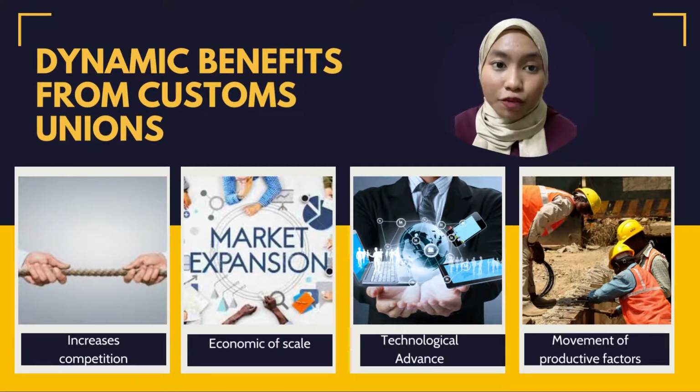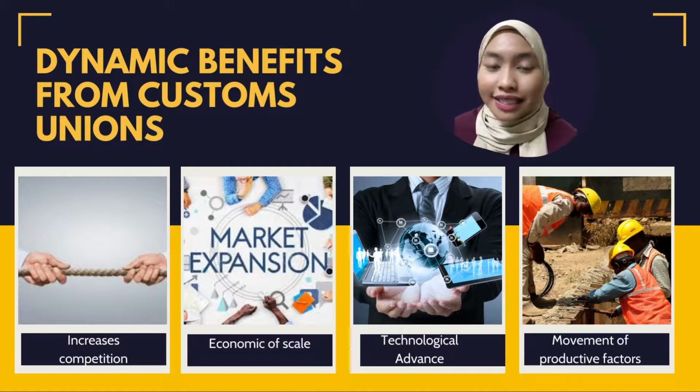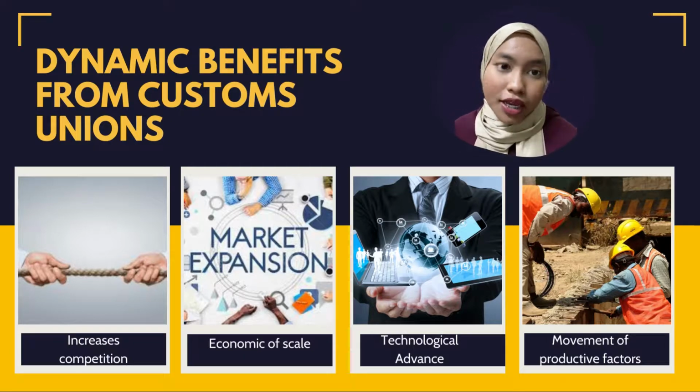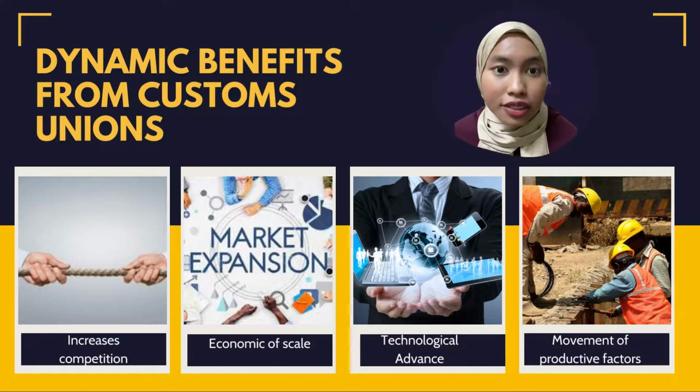However, the dynamic effects are assumed to be much better than static effects. The first one is increased competition. Before the formation of the customs union, the producers tend to become slow and inefficient. But with the customs union, they will become more functional and competitive inside the union, or else they need to stay out of the business.